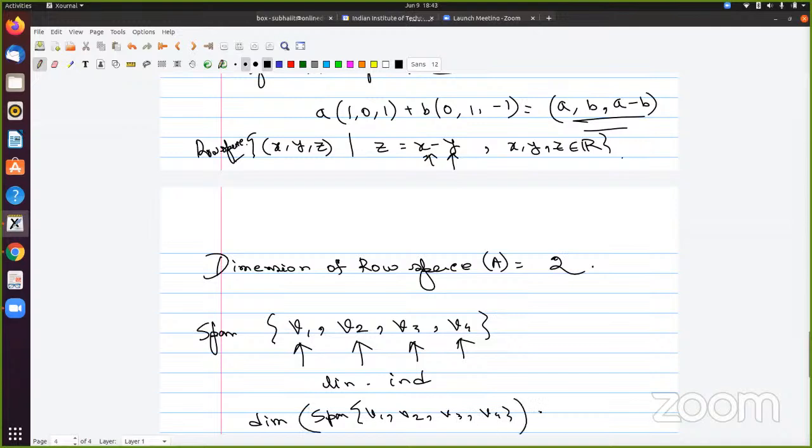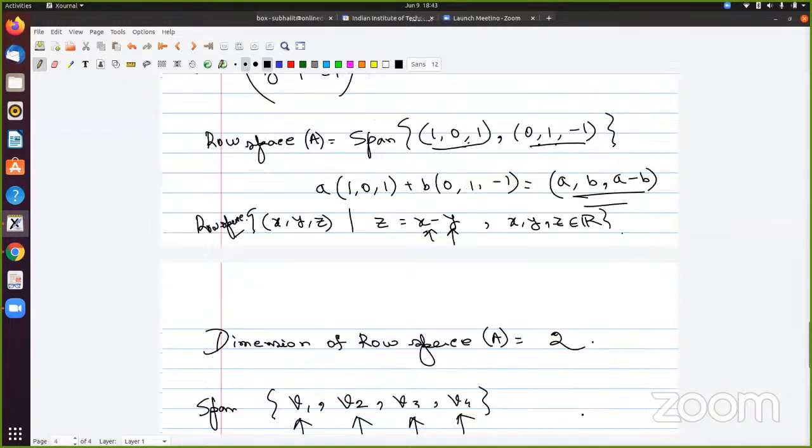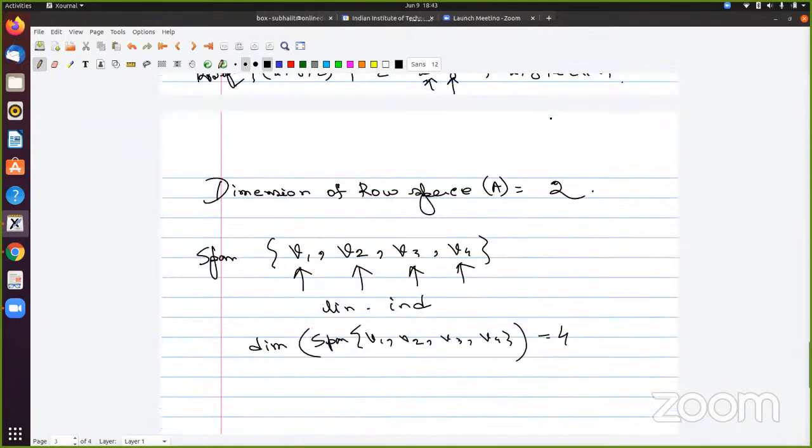Exactly. So to calculate the dimension here, you need not calculate the span first. That's my point. If you span with only those vectors which are linearly independent, then that is your basis, right? Because that is the definition of basis.